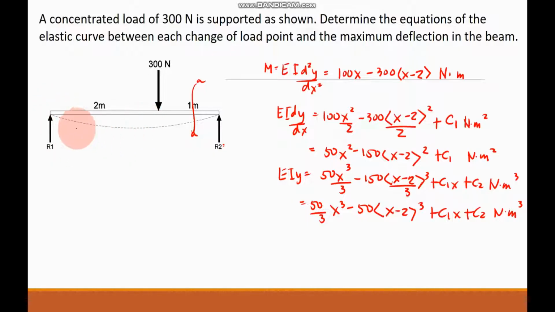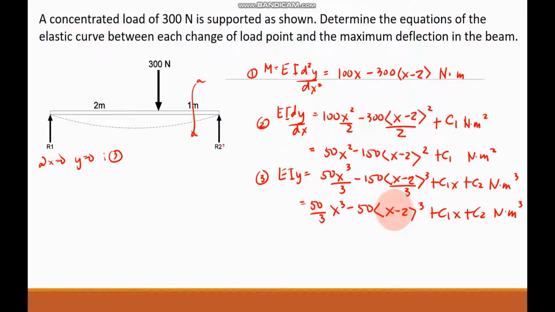So, by looking at the elastic curve itself, at x equal to 0, the deflection is equal to 0. So we substitute that in equation 3, since we have equation 1, equation 2, and equation 3. Substitute the value of x and the value of y, 0, so it is equal to EI y. So this part becomes 0.